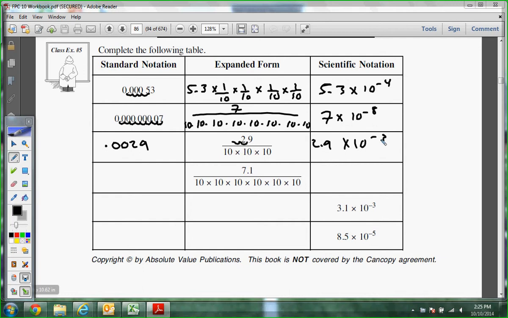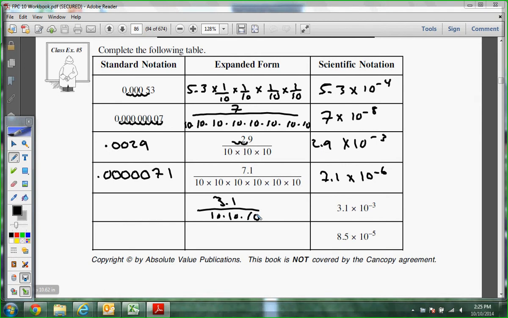7.1, we have 6. 1, 2, 3, 4, 5, 6. So it will be 5 zeros, then 7, 1. Or 7.1 times 10 to the negative 6. Okay, this one here, 3.1 times 10 to the negative 3. So that would be 3.1 over 3 tenths.